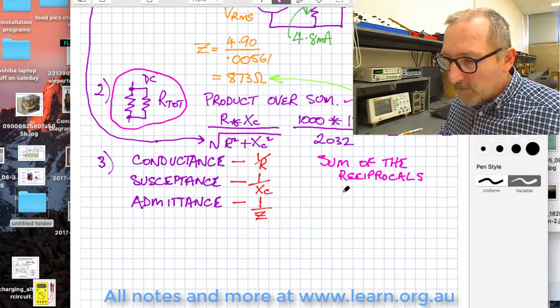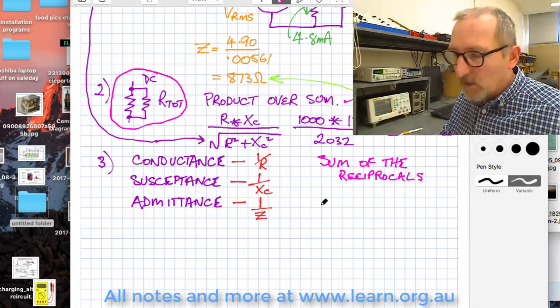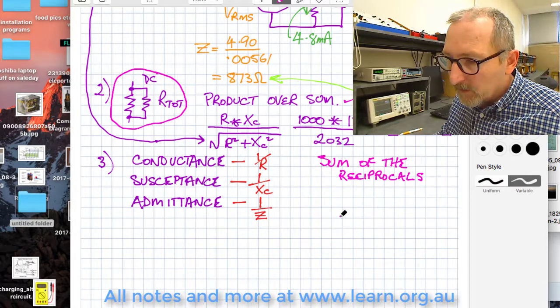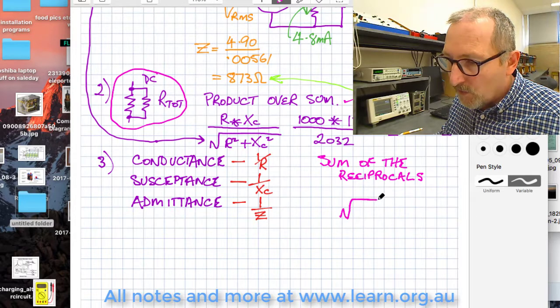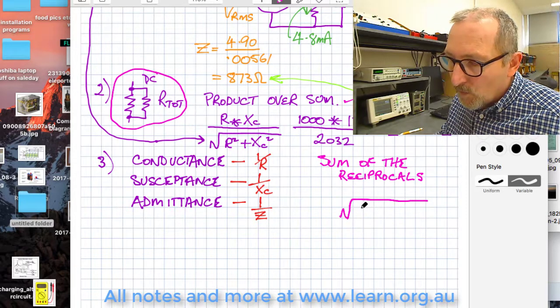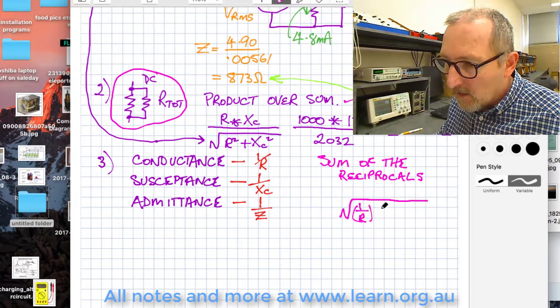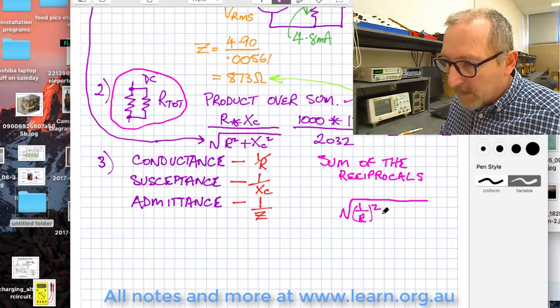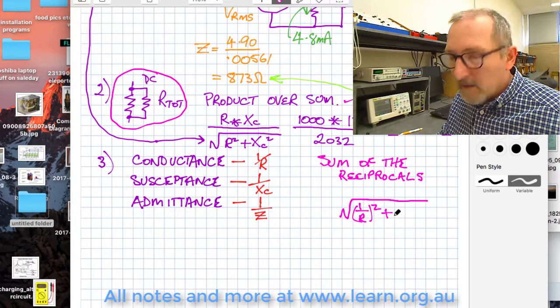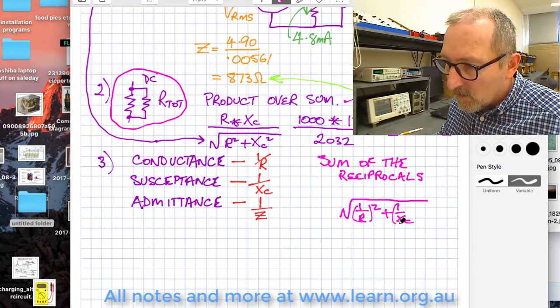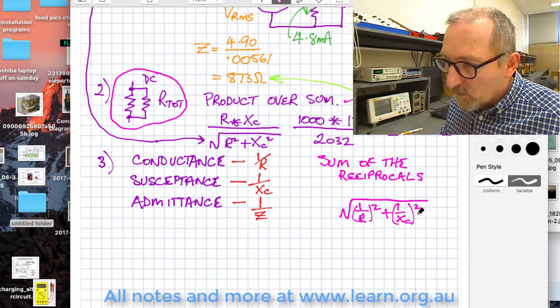And because we are working with a vectorial equation, we're going to need to have the square root of the conductance squared, 1 divided by R squared, add the susceptance squared, 1 divided by XC squared.